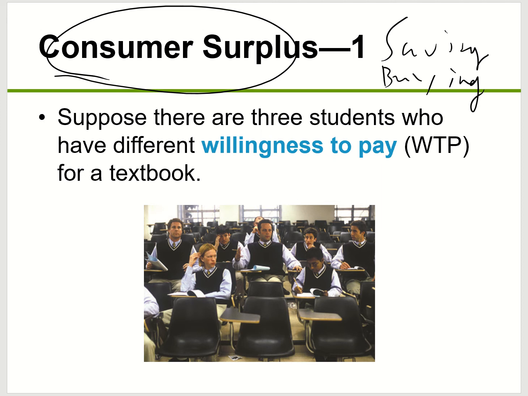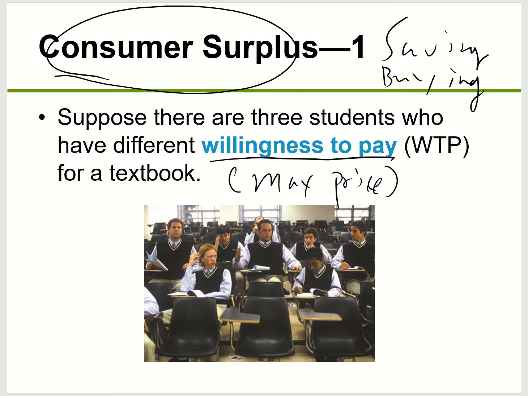To find out how much money you're saving, we need to find out how much you are willing to pay for the good. Think of willing to pay as the highest price, the maximum price consumers are willing to pay for the good.